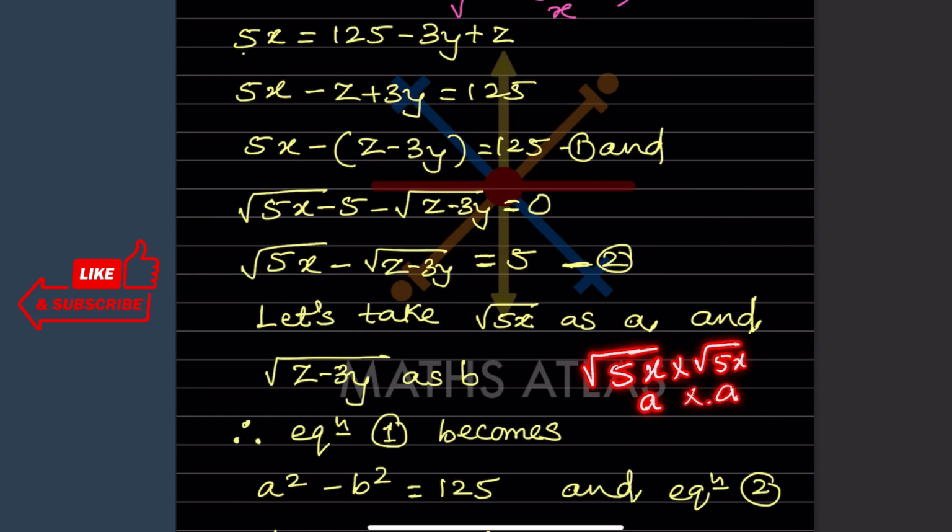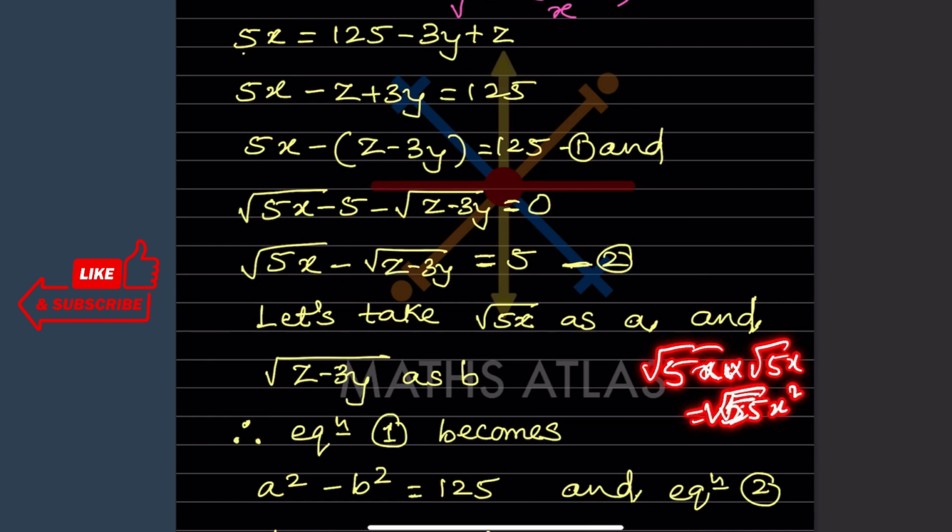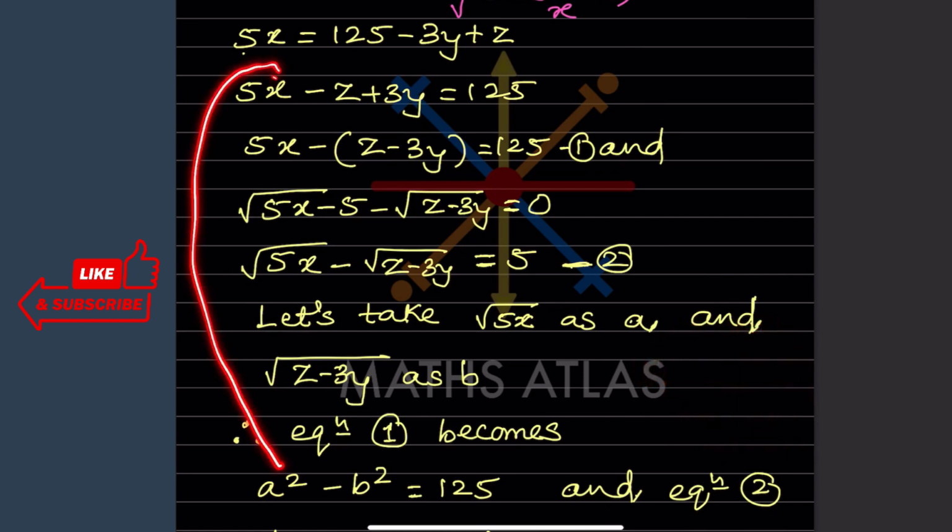That is going to be root of 5x into root of 5x, that is going to be just 5x, because that is root of 25x square, that is going to be 5x. So now what we can see, this is a and this is a. So a into a, this is going to be a square.